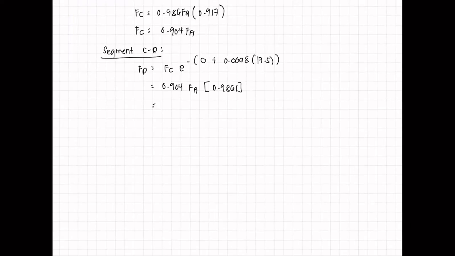So times 0.904, so 0.891 FA, yan yung FD natin.